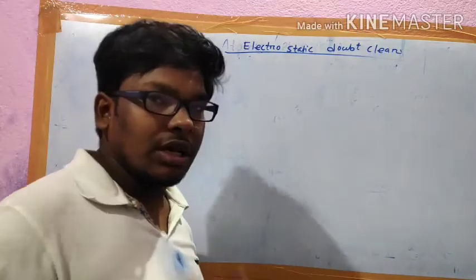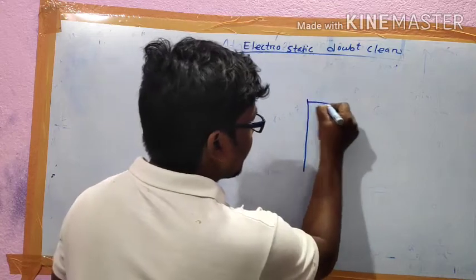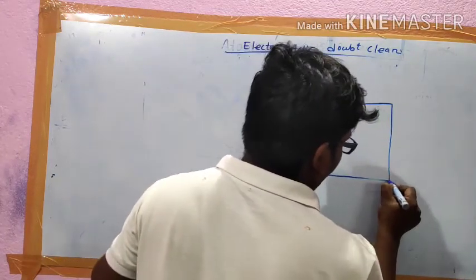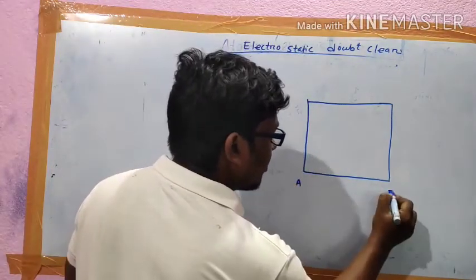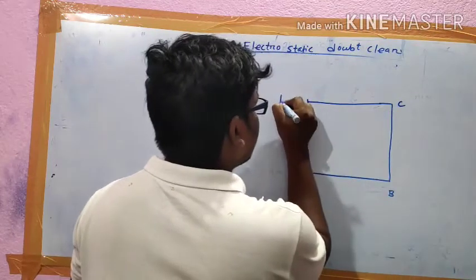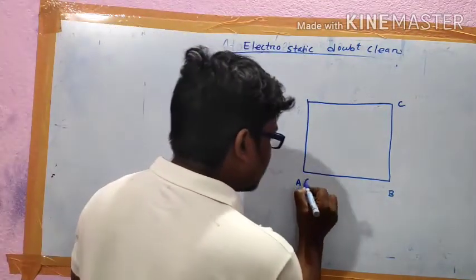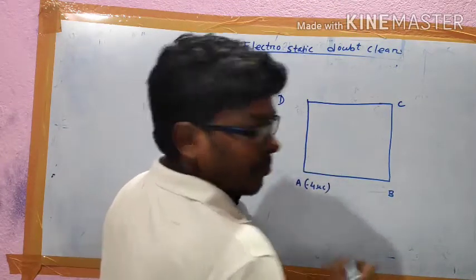So let's see. This is our square A, B, C and D. Each corner consists of equal charge minus 4 microcoulomb.